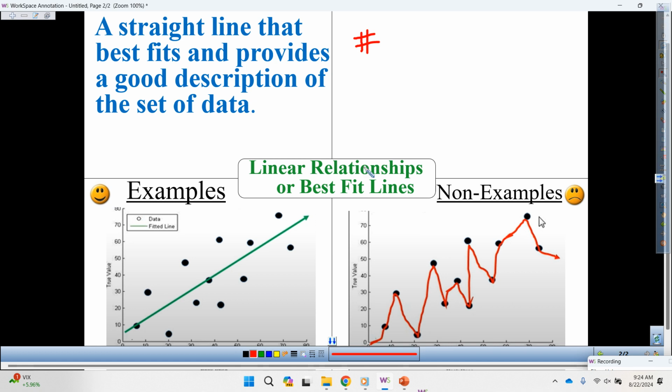If you were to send a text to someone with that picture, you would say hashtag what? Straight line. That is correct. And the second hashtag that I'm going to add: best fit the data. Pretty obvious, yes? Straightforward?